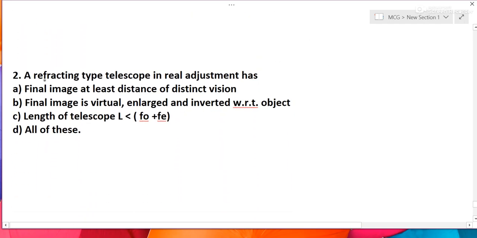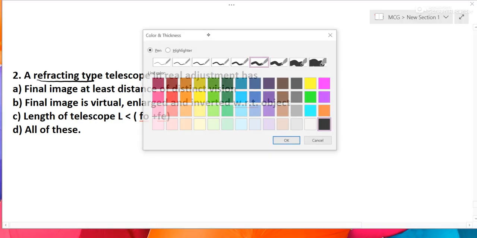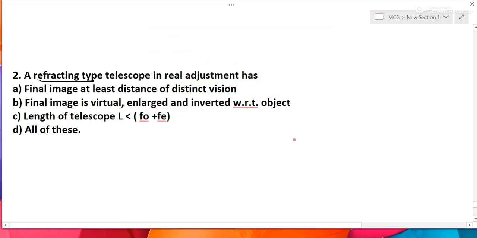So let us go through the next. A refracting type telescope, refracting means both lenses. In real adjustment has. Now see, generally we know about the normal adjustment mode, right? So let's see if it is normal or something other. The final image is formed at least distance, then the final image is virtual, enlarged and inverted, then the length of the telescope is this, and all of these.